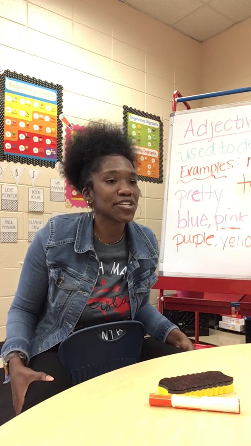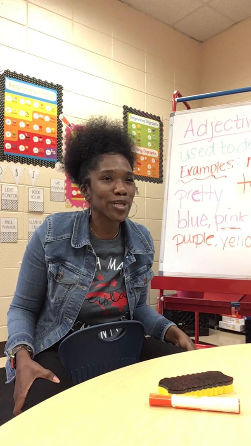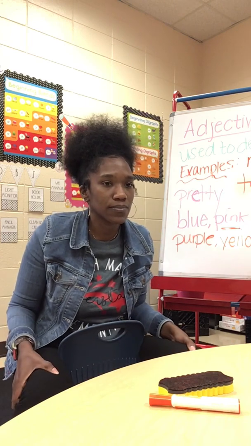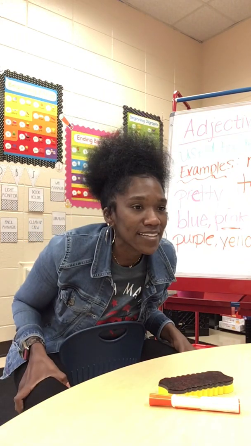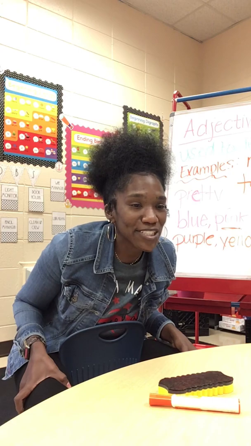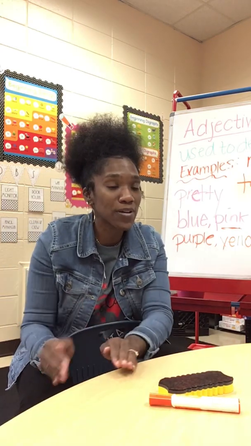Blue is the adjective. What if I said I want to read the silly book? Who said silly? Good job, Callie. Silly is the adjective. Silly is describing my book.